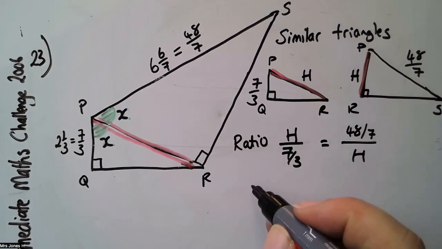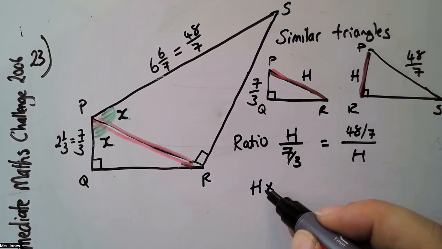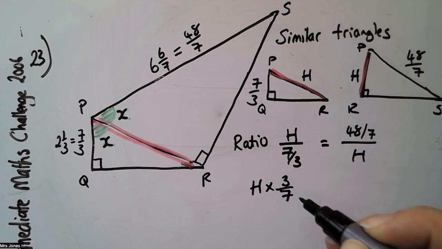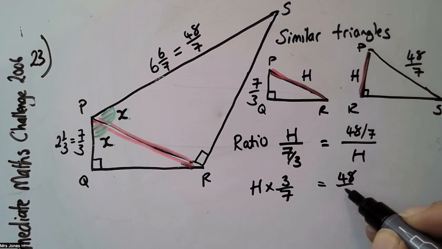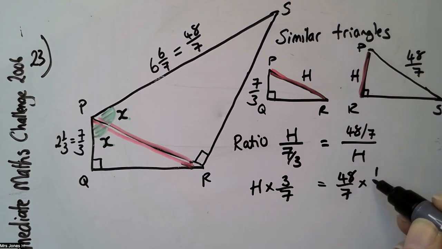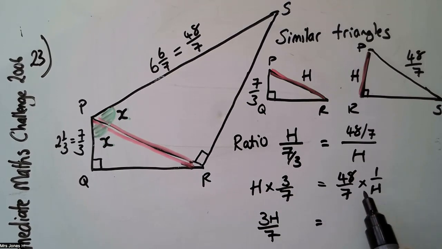I can rewrite this. H divided by a fraction is the same as multiplying by the reciprocal of that fraction. So this one becomes 3H divided by 7, and this one is 48/7H.